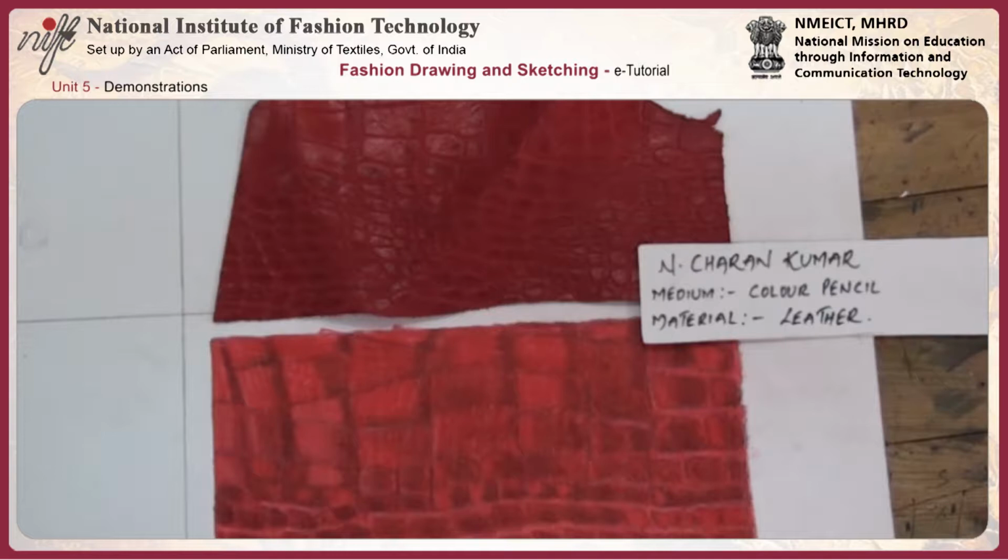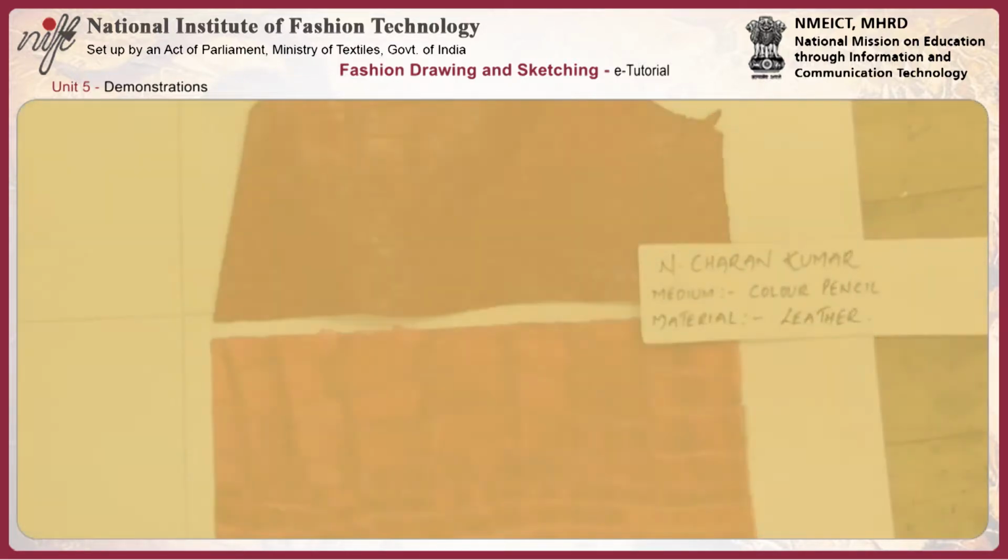Also watch the interplay of tints and shades in this rendering. Both light red and dark red are applied in a very intricate manner to show all the details of the leather piece that's kept for reference.